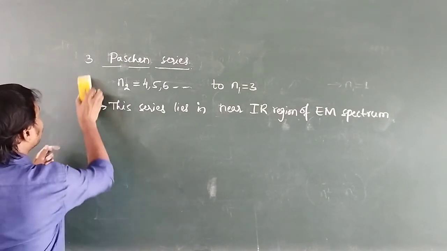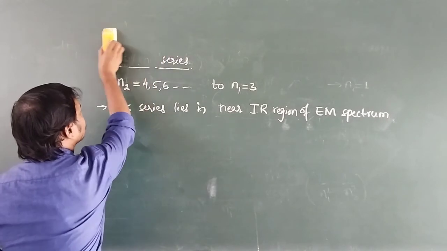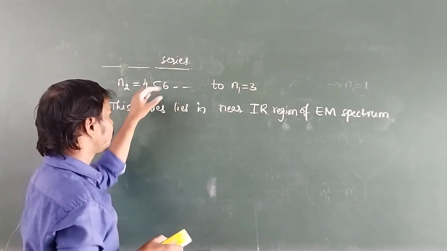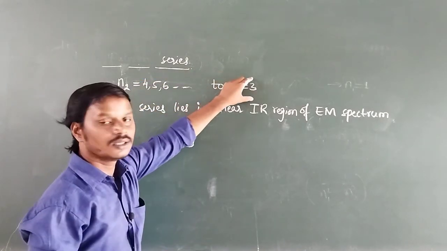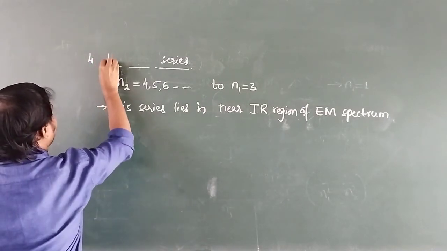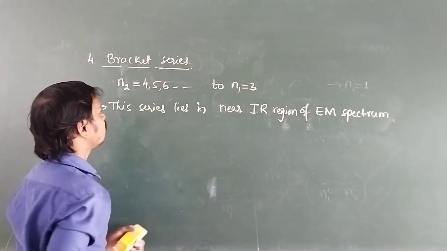Next one, fourth one, that is Brackett series. In this series, spectral lines are obtained due to the transition of an electron from higher orbits to the fourth orbit. Then what are the higher orbits here?